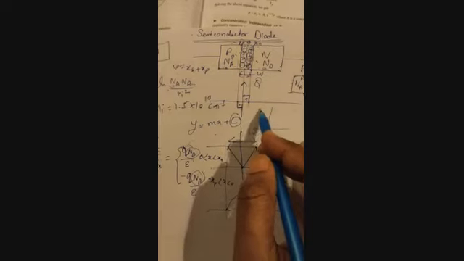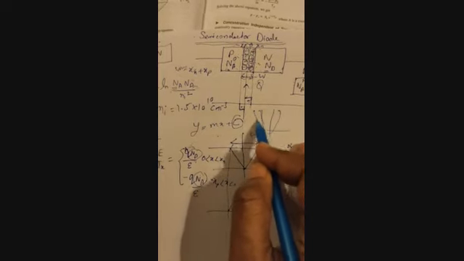I have told you already in the effective mass concept, if you remember, I drew these two curves of the E-k diagram, and I told you which one has higher gradient.